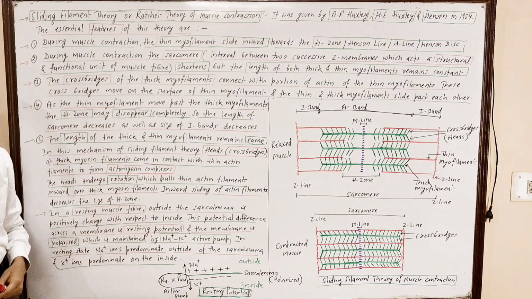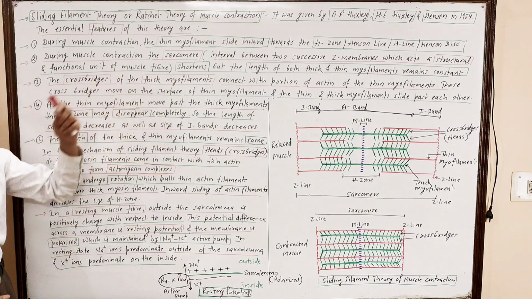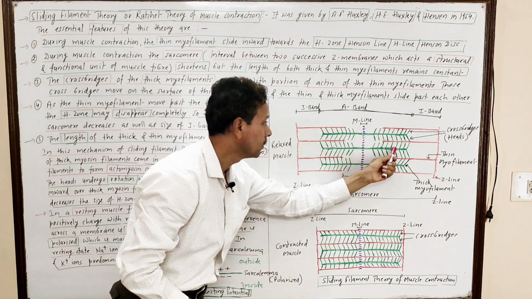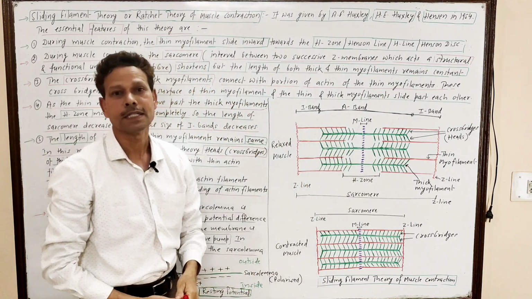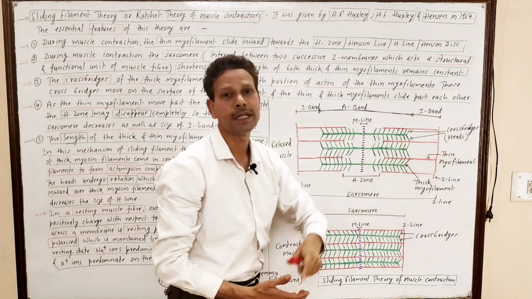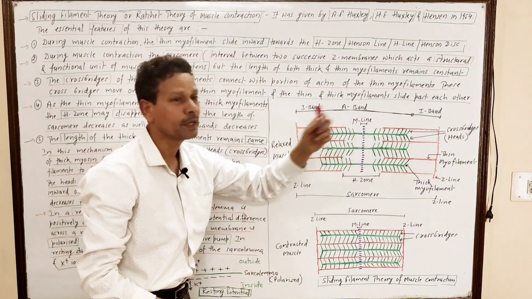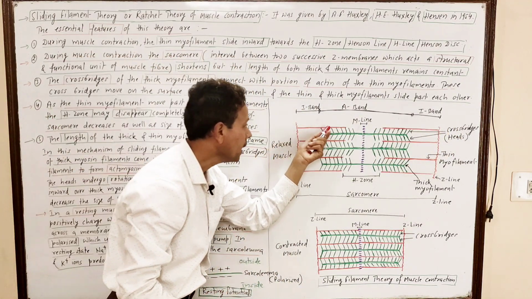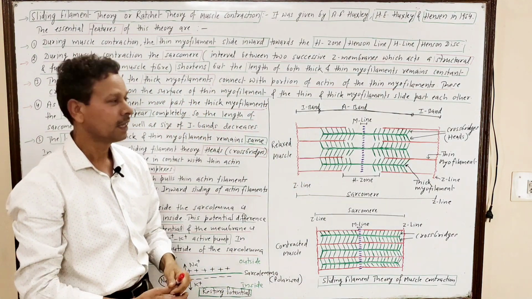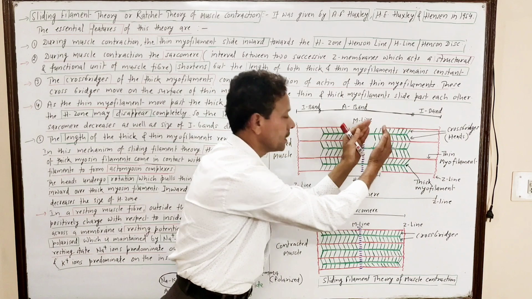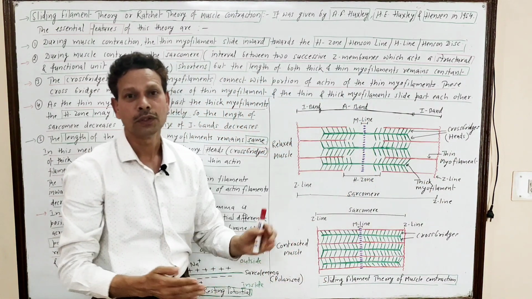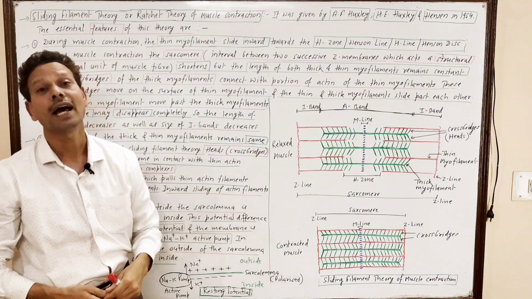The third point is that the free ends of the thick myofilaments produce heads, which are cross bridges. These cross bridges interact with the thin myofilaments and pull the actin myofilaments towards the H line.